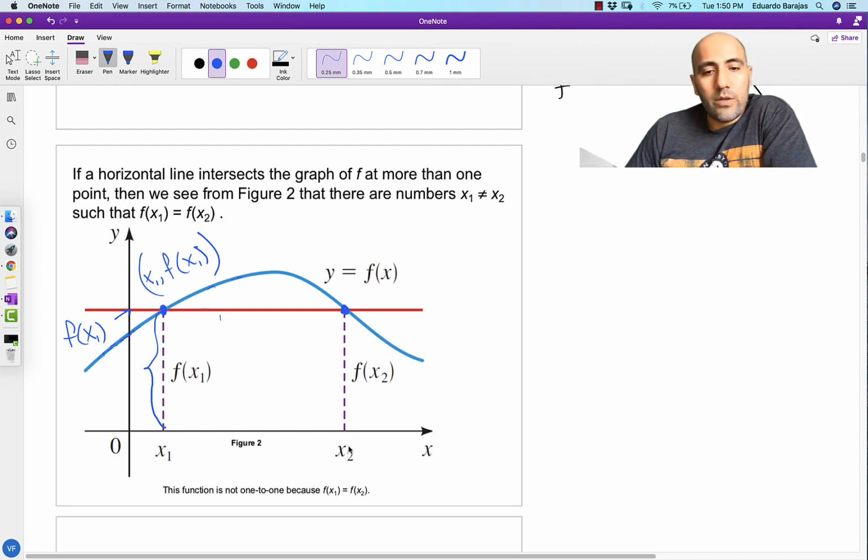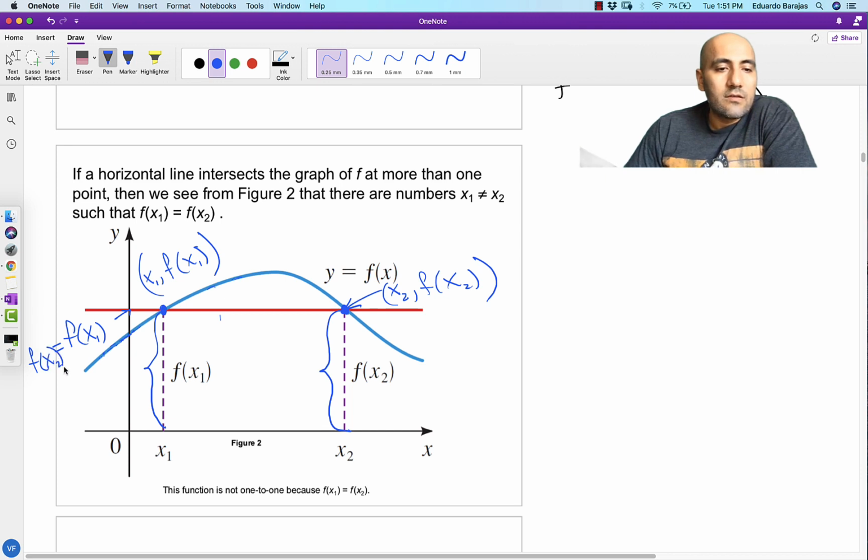And same thing over here, when we input x sub 2 into our function, we get to this height there. So that means that this point here is the point x sub 2, comma, f of x sub 2. Right? And by the way I'm describing it, it's going to have the exact same height. That's why it crosses along with this red line. It's telling us that the height is also going to be equal to f of x sub 2.